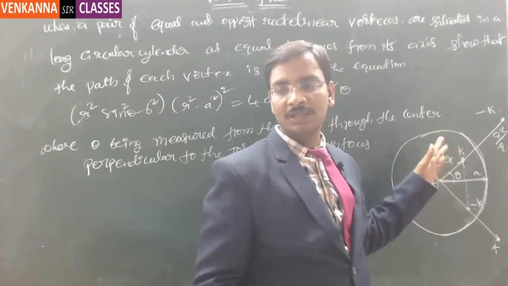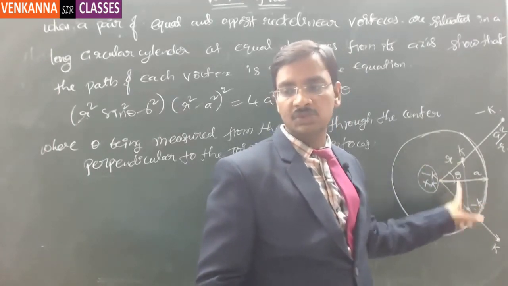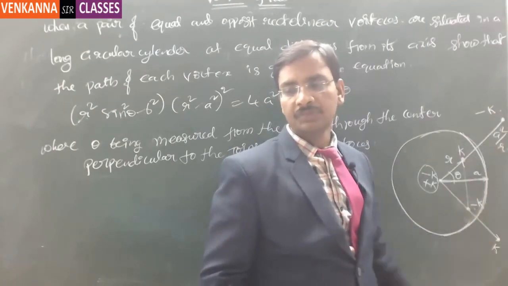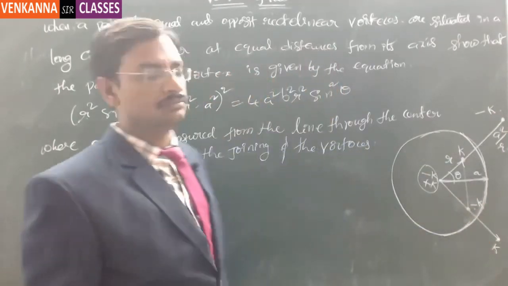So you have to find the mathematical model of all the four vortices, this one and this one, this one and this one. Got it or not? Understood?